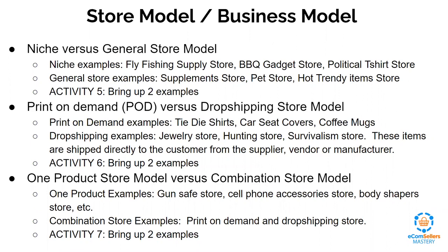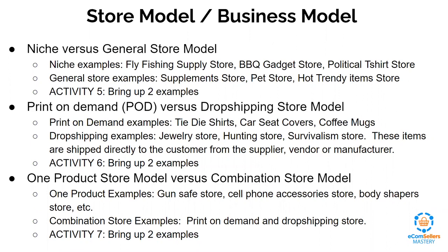Now, when you look at a general store, then it's more of an overall store. You could have a supplement store, and that may seem in your mind like it's a niche, but it's not, because you may sell vitamins, you may sell special vitamins just toward women over 50. You may sell special vitamins for men. You can have all those different vitamins or supplements in that store.